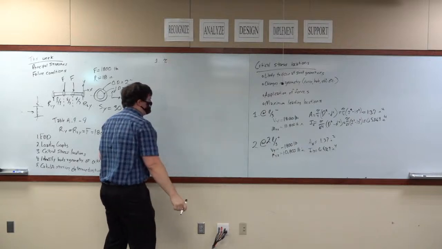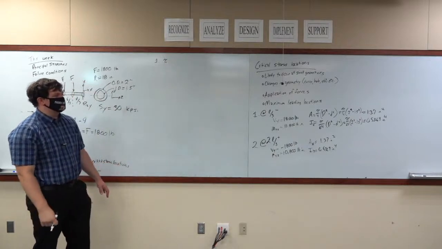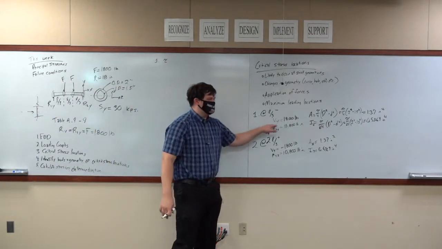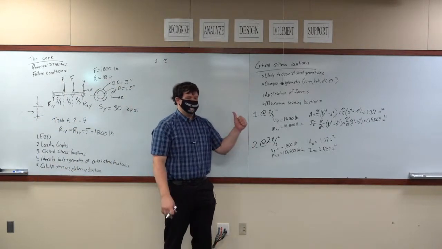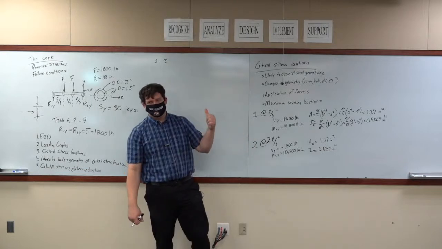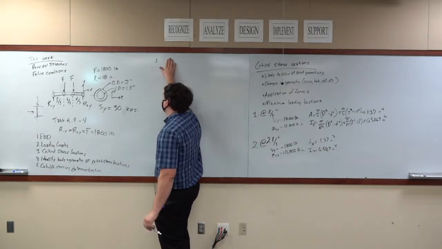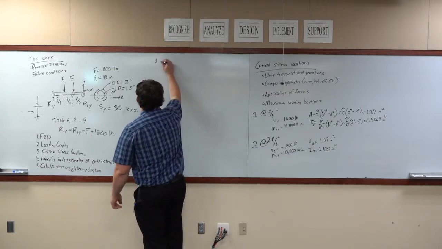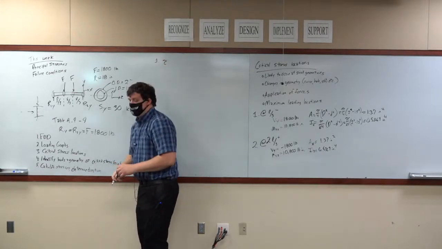tau, okay, what direction is the shear loading caused by Vy? What direction is that stress going to be? First of all, is it a tau or a sigma? Tau. It's tau. Okay, why is it tau?